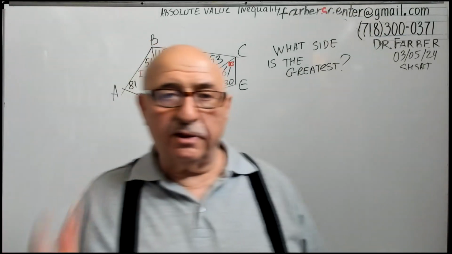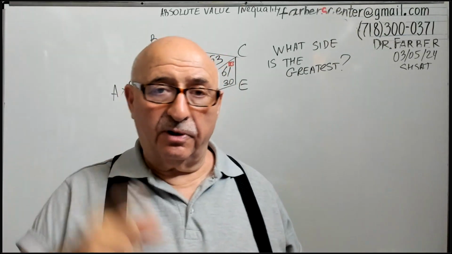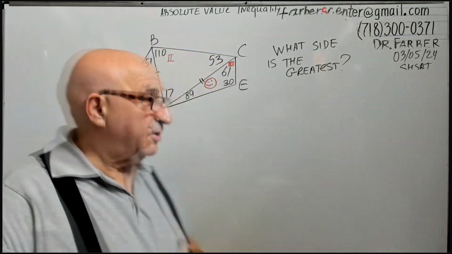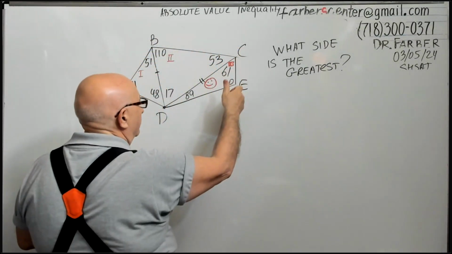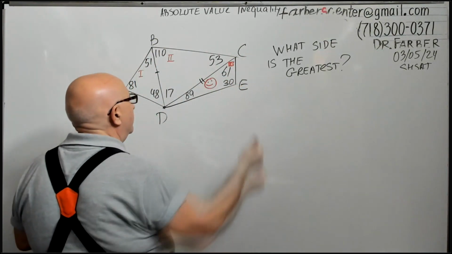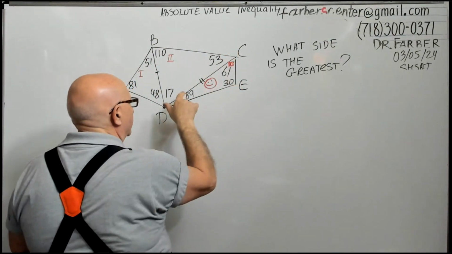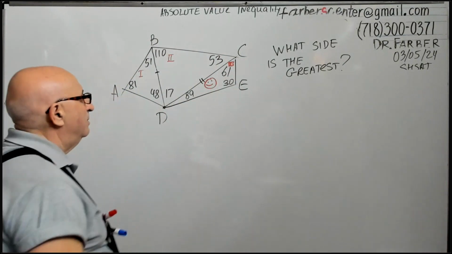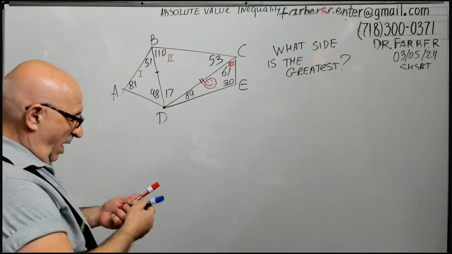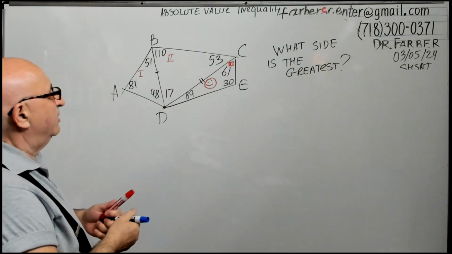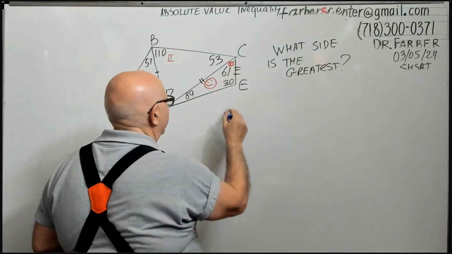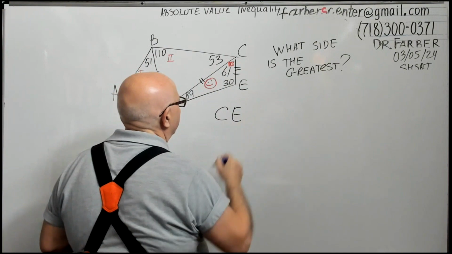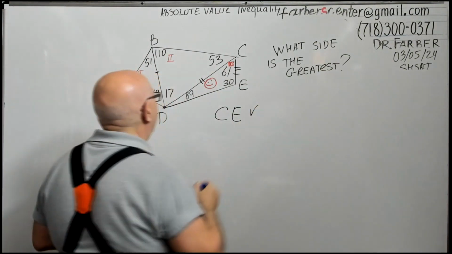You can compare side and side in the same triangle. In the third triangle, this side, which, I told you, is not to scale, is located against an 89 degrees angle. And definitely 89 is greater than 30. And the answer is CE. CE is the greater side, CE, not DC.